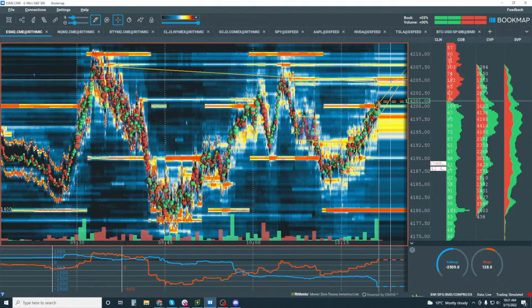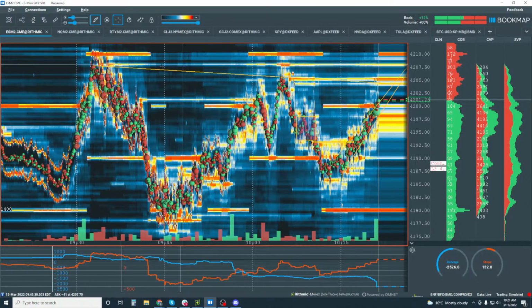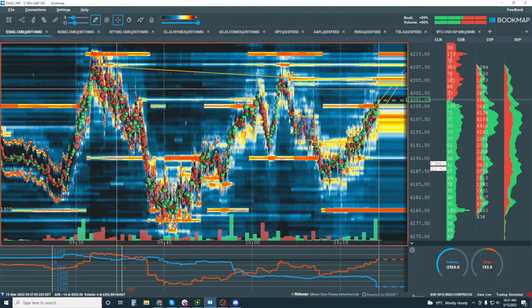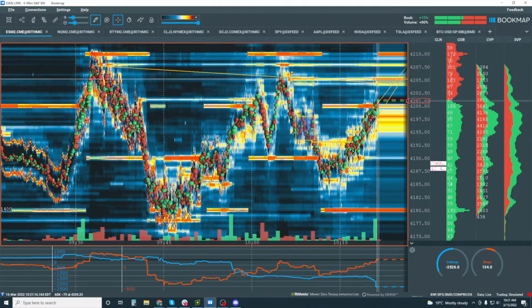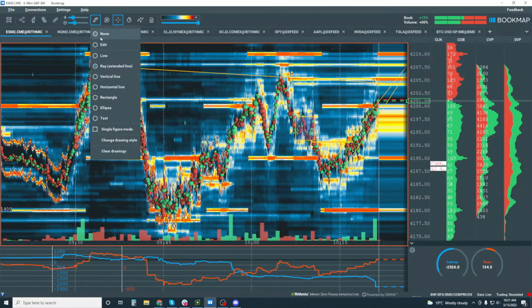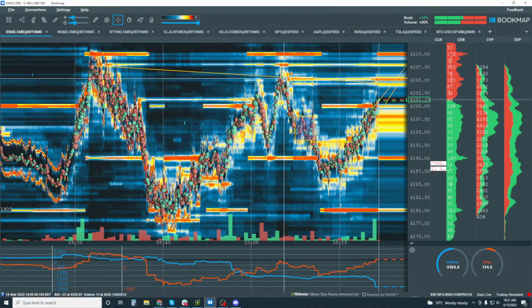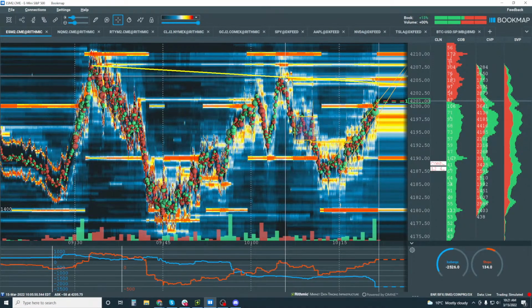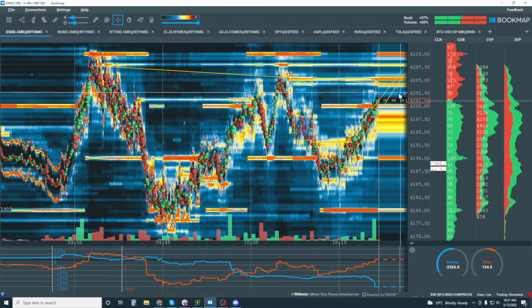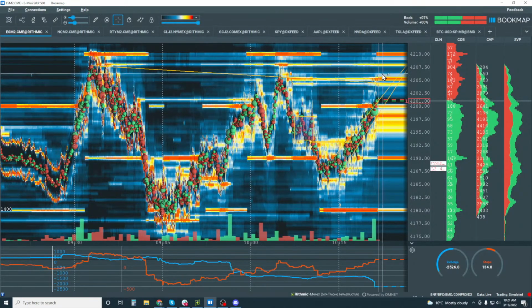Okay, so 4205 looks really good up here. If we can get our buyers up here, there's kind of higher time frame structure that we're looking at. There's liquidity up here. See how this is kind of the key here, is matching. If we draw this kind of sloping line here, connecting the highs, there's liquidity that matches that.